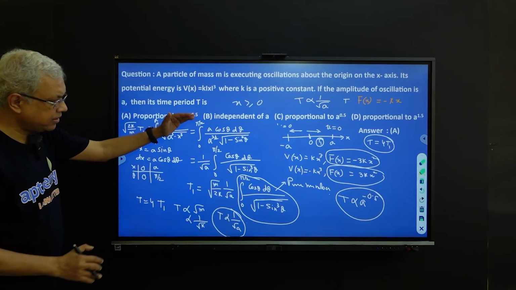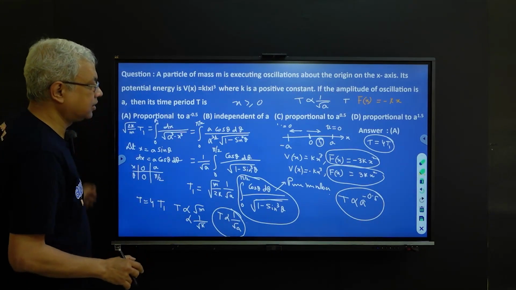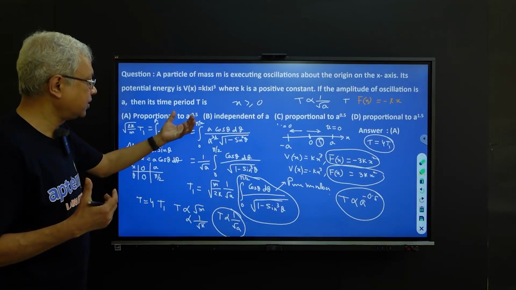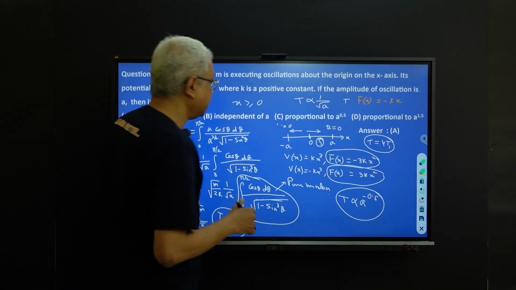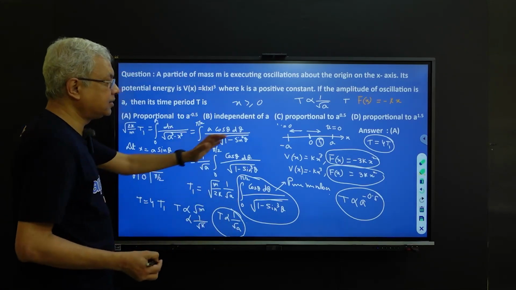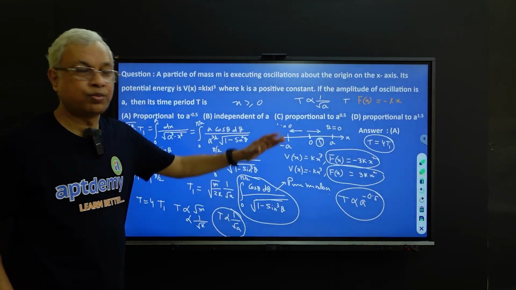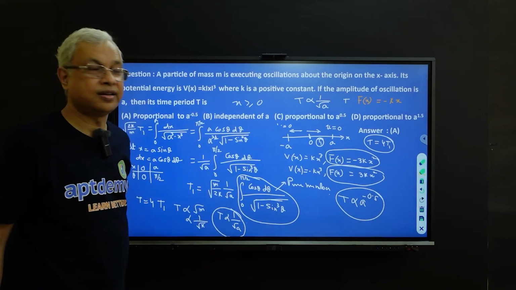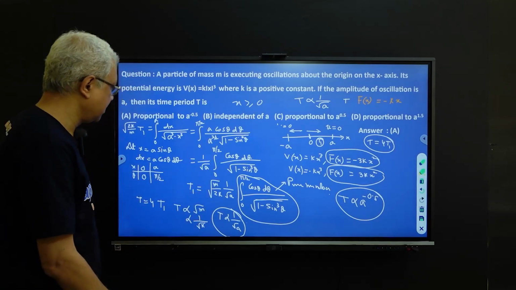So it is a bit rigorous method, but I have just shown it so that you can understand the concept behind it. But in the exam you should definitely solve this problem using dimensional analysis. Very quickly you can arrive at the result. It is a detailed analysis.